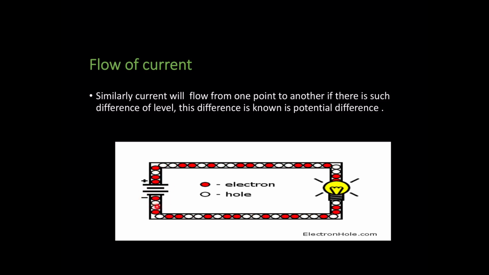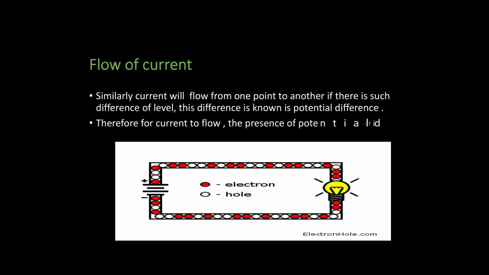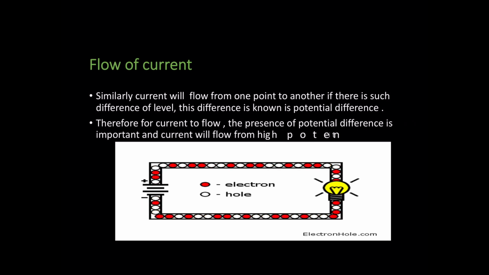What we have seen in the case of physical movement of liquid in the two bottles, the same concept applies here also. Here the flow of current, or the flow of electrons, is taking place because of the difference in potentials of the two terminals of the battery. Therefore, we can say for current to flow, the presence of potential difference is important. And current will flow from higher potential to lower potential.